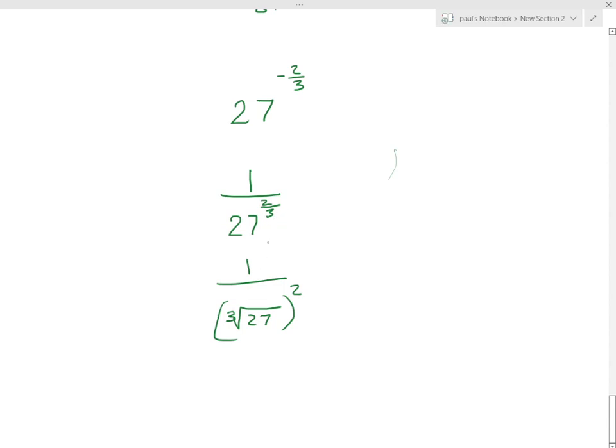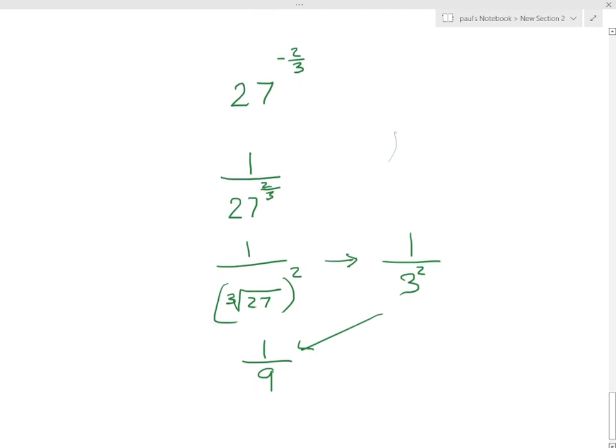The denominator goes down to the cube root, and the top number, the numerator, goes to the power. So the cube root of 27 is 3. 3 squared is 9, so your answer is 1 over 9. So you can do negative fractional powers.